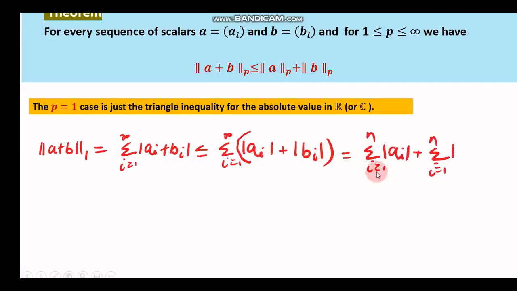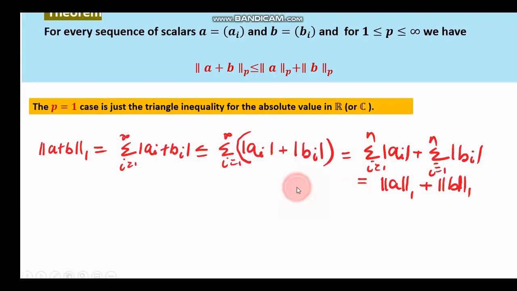Since both are positive, this equals sigma mod a_i plus sigma mod b_i, which is norm a plus norm b with respect to the 1 norm. So clearly it holds for p equal to 1. This is a trivial case.